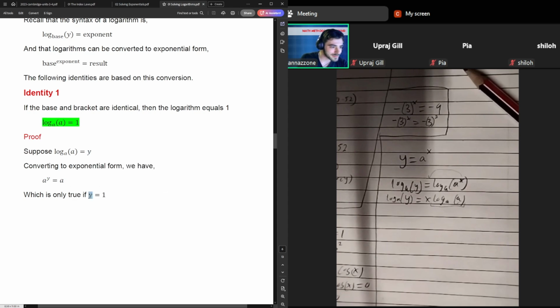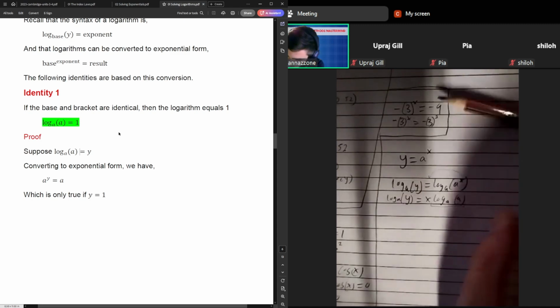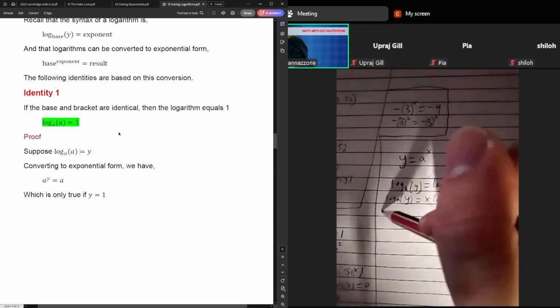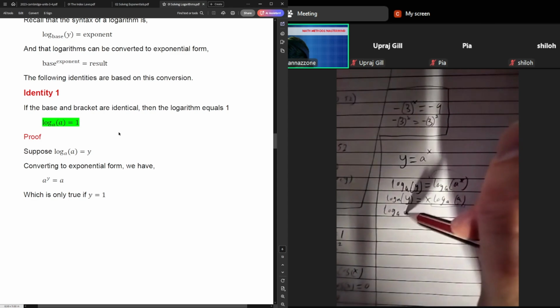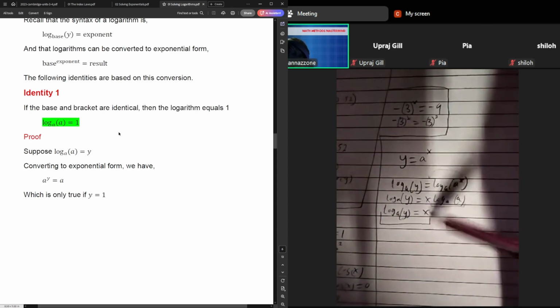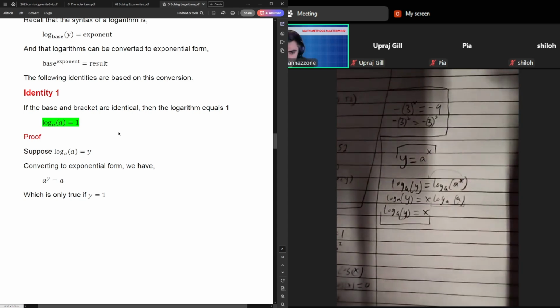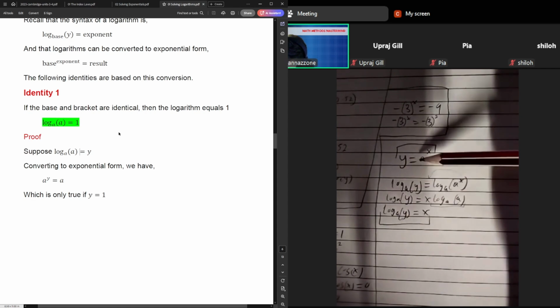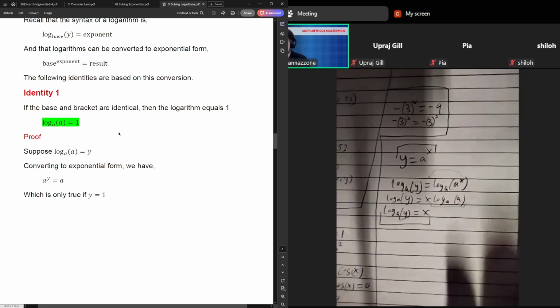Point being the fact that whenever you have base and bracket the same, that will always equal 1. So if we go back to the handwritten section, we're going to have log a of y is equal to x, and sure enough, things are being moved over the way that we expect them to be moved over. The equal sign goes in here, bases stay the same, exponent comes out front.